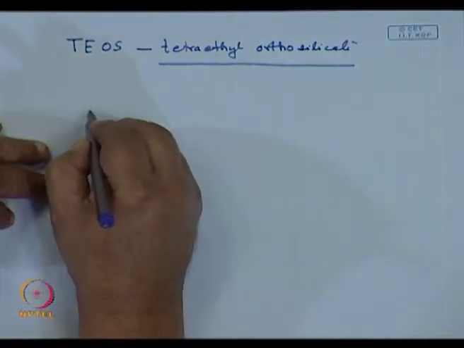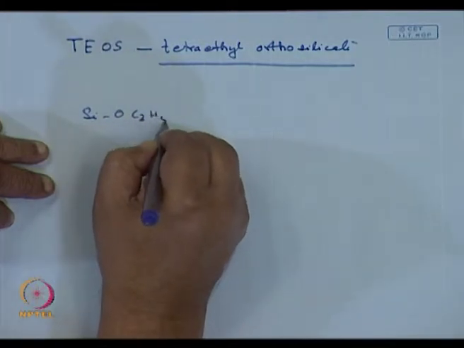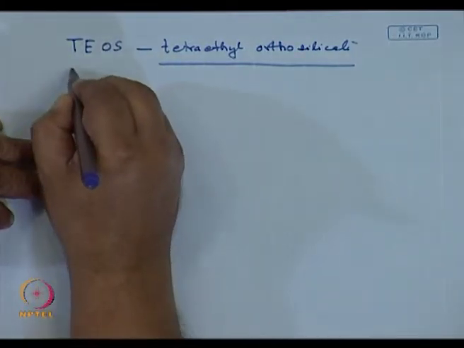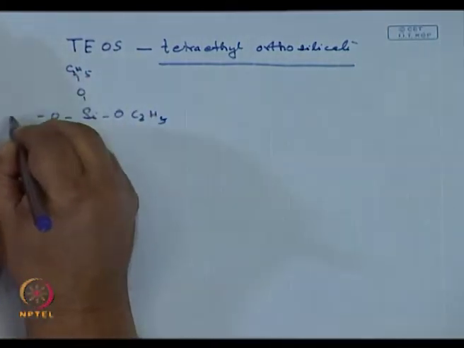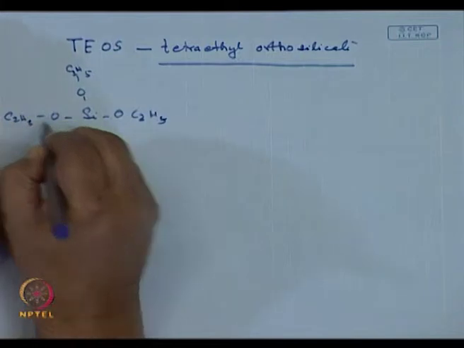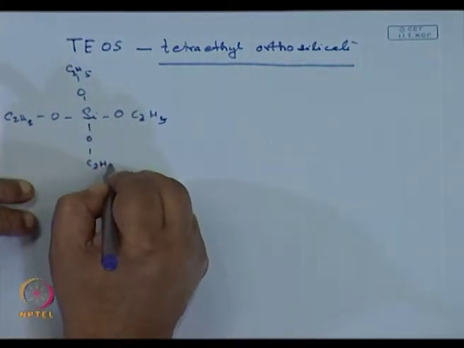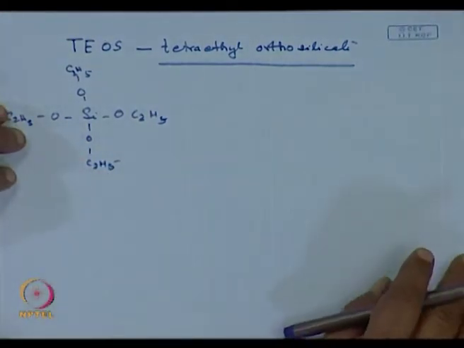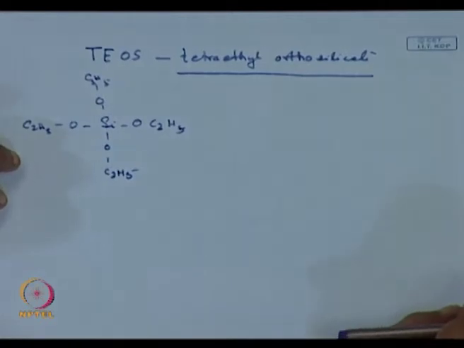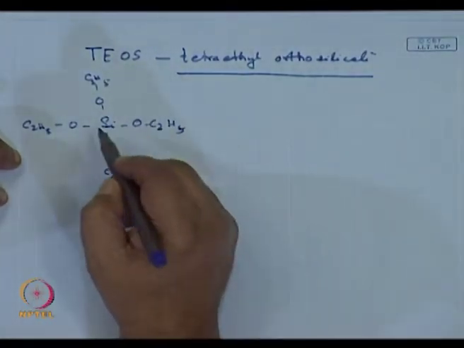The structure is: the silicon is bonded to 4 ethyl groups through oxygen.